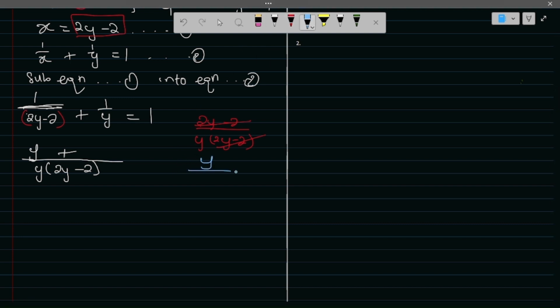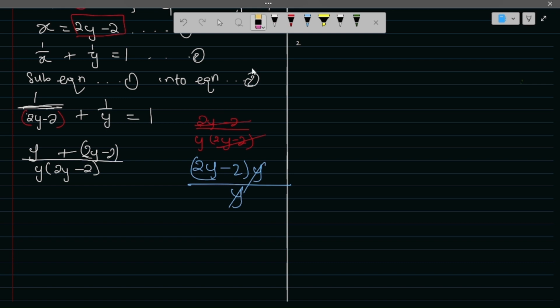For the second fraction, this is supposed to be 2y minus 2, and then you simply divide by y. So this cancels each other, and you are left with 2y minus 2, and then you put brackets on it.